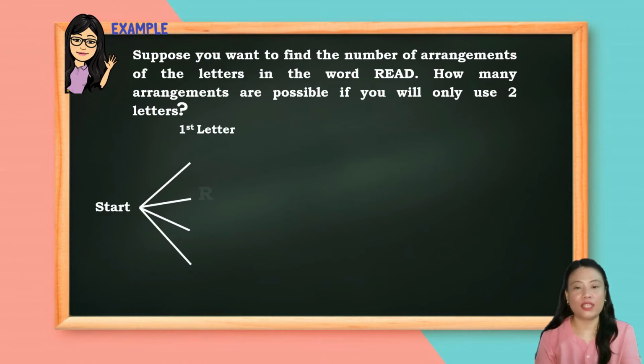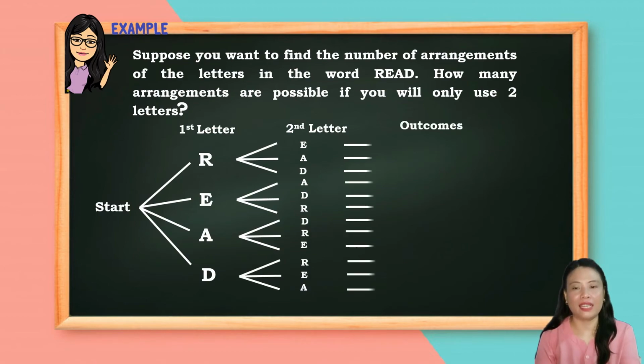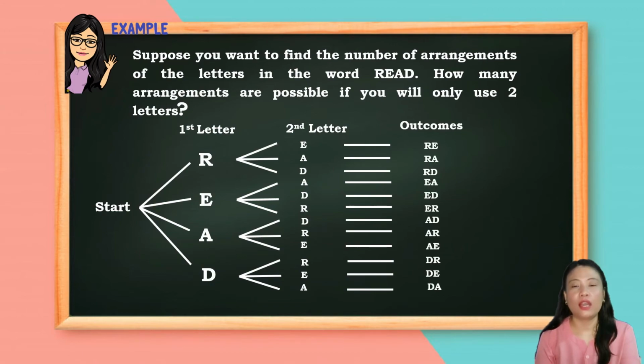The first letter can be any of the letters R, E, A, and D. If R is chosen, then E, A, and D are available letters for the second letter. Using the tree diagram, arranging the letters of the word READ, and using 2 letters, we will only have 12 possible outcomes.